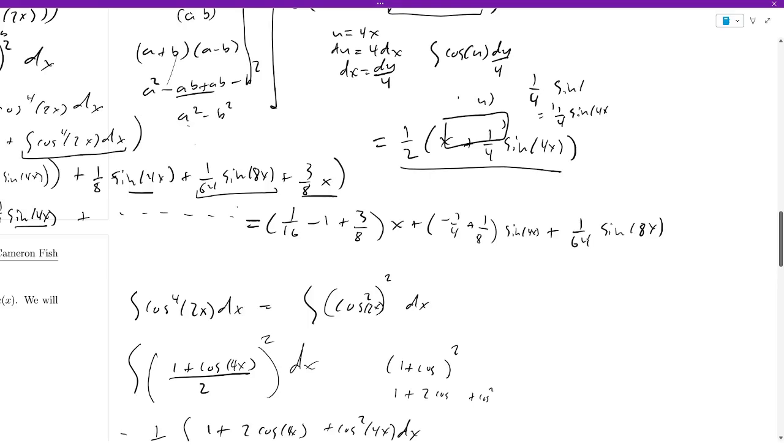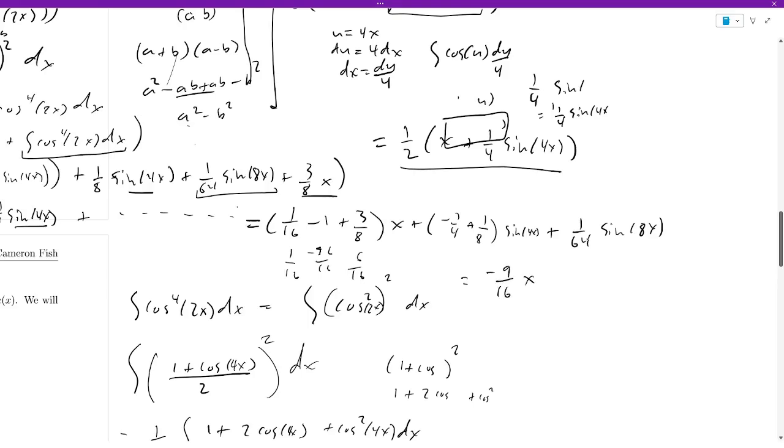Okay, so just maybe finalizing the fractions here. This 3/8 is 6/16. This -1 is -16/16. So in total I have, so 1 minus 16 is -15, and then plus 6 is -9.